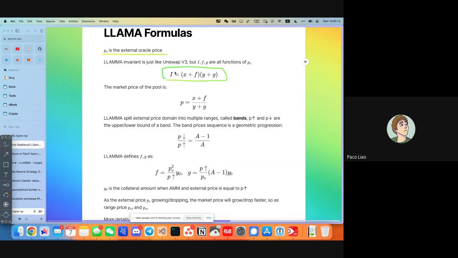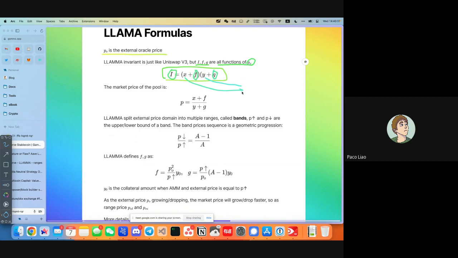But in this formula, I, F, and G are all functions. They're not constants. They're functions of PO. So they're all changing. So I will be changing, F will be changing, G will be changing. And X, Y is the user's token balance, or the token balance of the range.